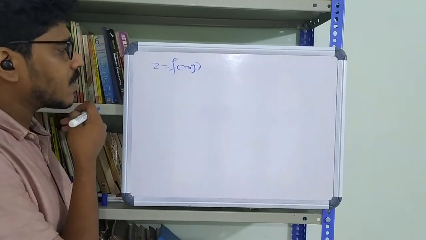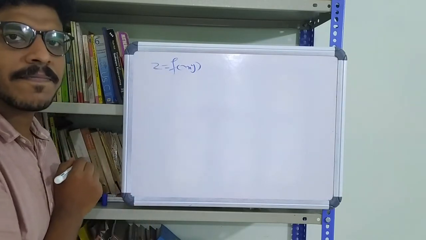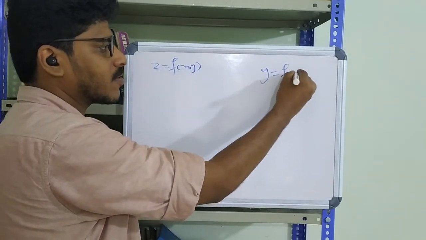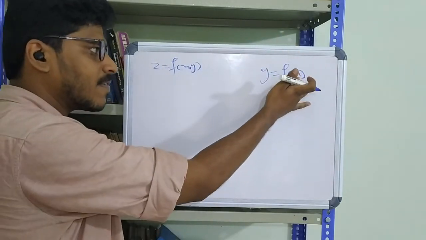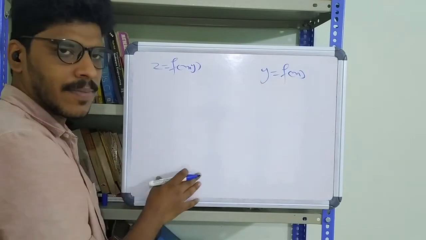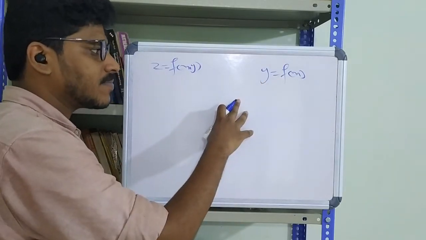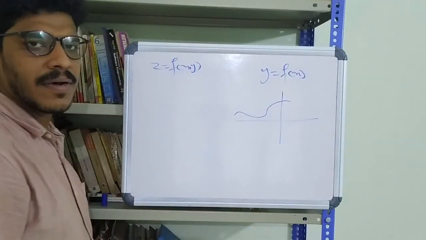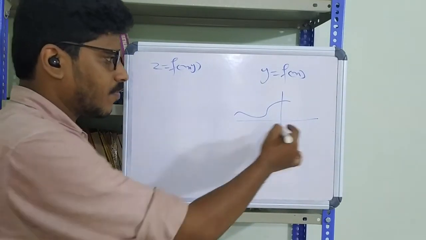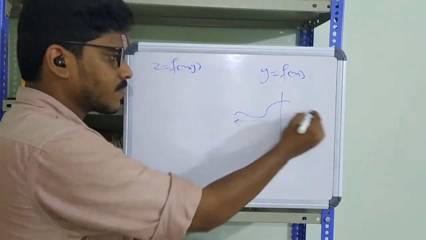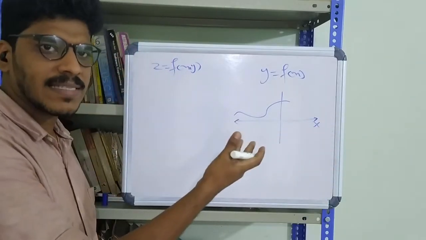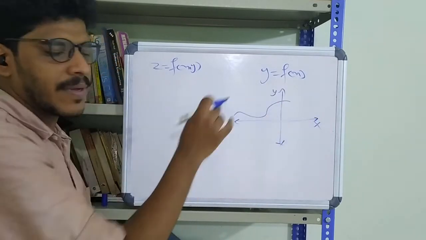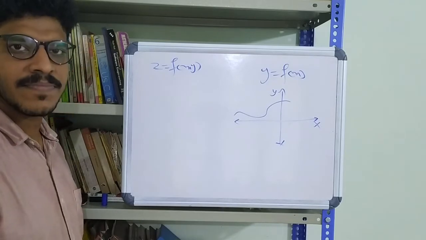And the next is about the graph. Consider the earlier case where we had functions of the form y equal to f of x: one independent variable and one dependent variable. In that case, we had our graphs drawn on a plane. One axis is dedicated to the independent variable, usually the x-axis, and the other is dedicated to the dependent variable, usually the y-axis.